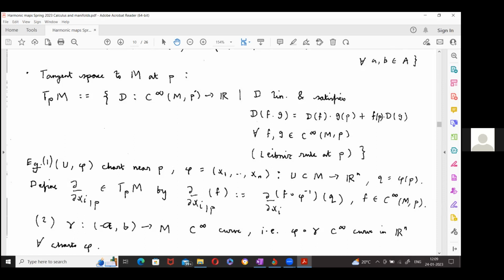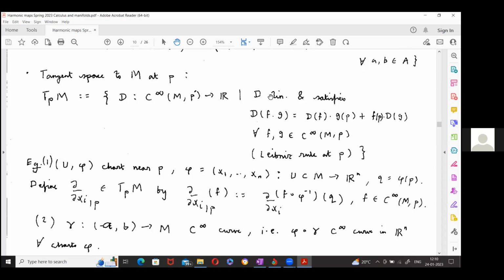So if I just looked at linear maps on the space of germs, that would be the dual of an infinite dimensional vector space, which is infinite dimensional. So just looking at linear maps is not enough. I want a finite dimensional vector space.